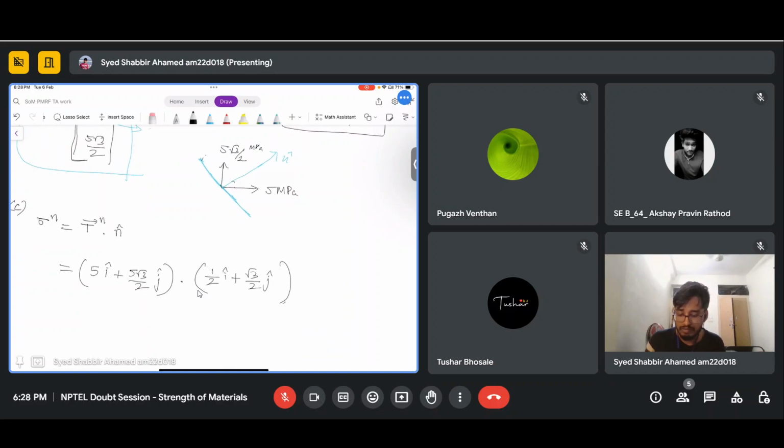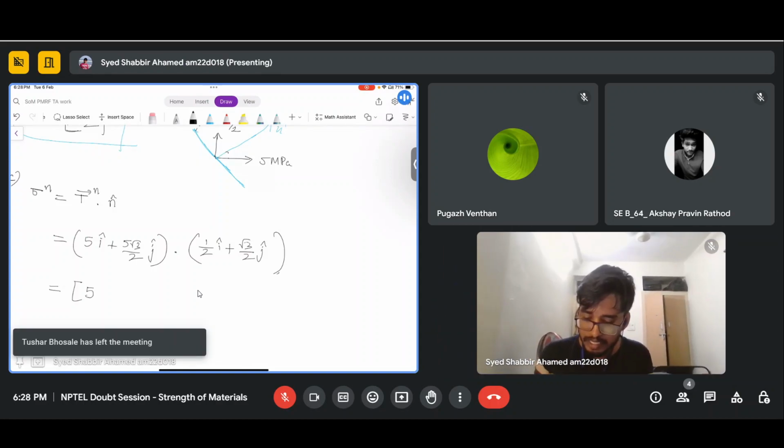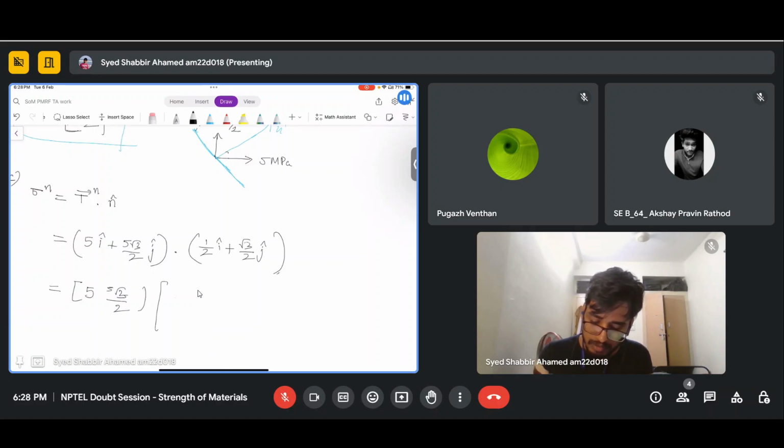So if I do this dot product, I don't have to explain this dot product thing. We can just write it like this: phi root 3 by 2, 1 by 2 root 3 by 2.